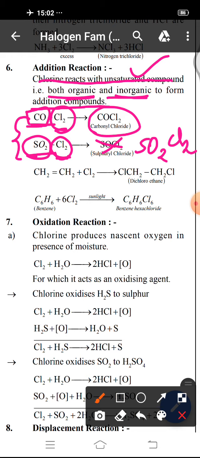This is not SOCl2, it is SO2Cl2, sulfuryl chloride. These are inorganic compounds which have unsaturation.